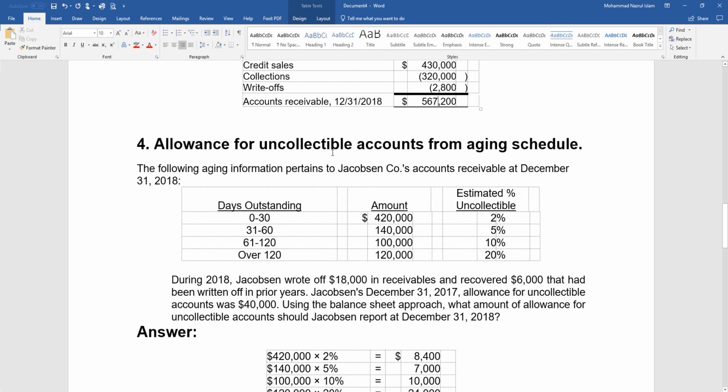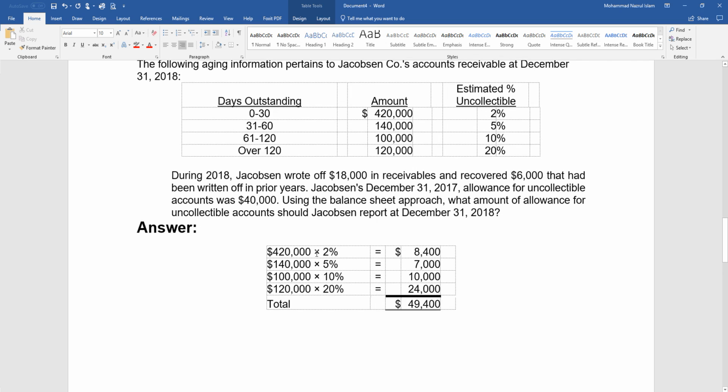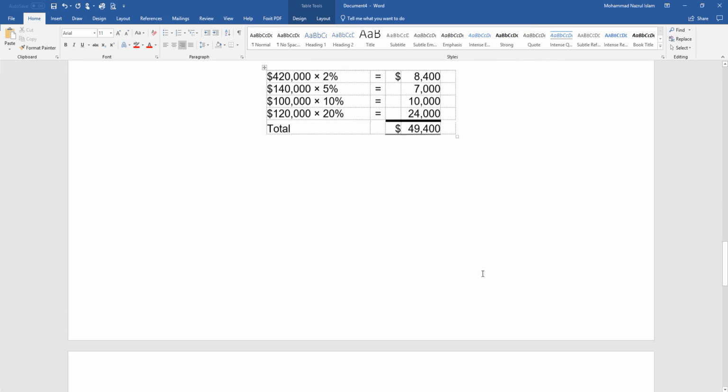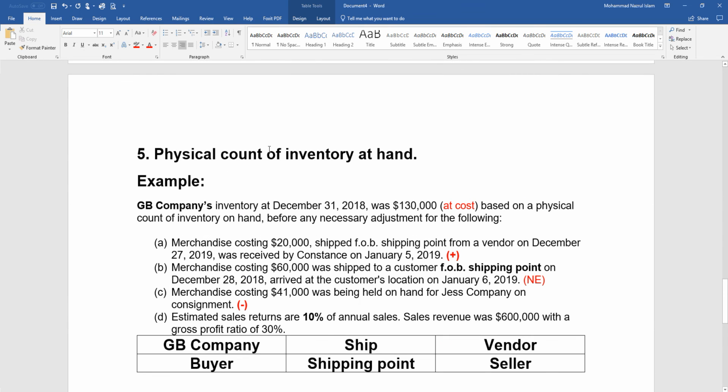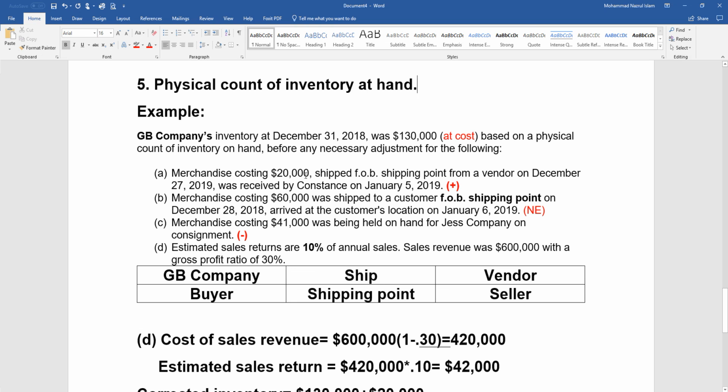Allowance for uncollectible accounts from aging schedule is very simple. You will just be calculating the percentage of this amount. And finally the physical count of inventory at hand. So be careful about the free on board, shipping point, or destination.